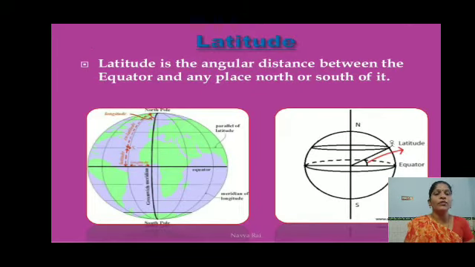Latitude. Latitude is the angular distance between the equator and any place north or south of it. Okay dears, listen. Latitudes are parallel lines. Okay, parallel lines means what? Two lines running together but not touching each other. Okay, those lines are called parallel lines. So latitudes are also called parallels of latitude.